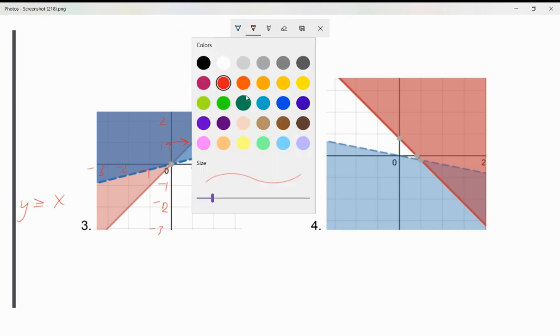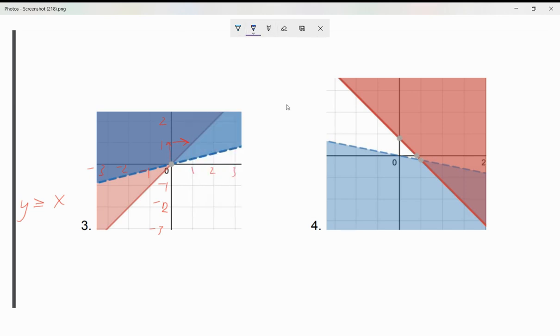For the blue part, this also has a point at 0, so it's just finding the slope. It's also greater than or equal to. Since this isn't a full number, we can estimate; this will be half, this will be a quarter.